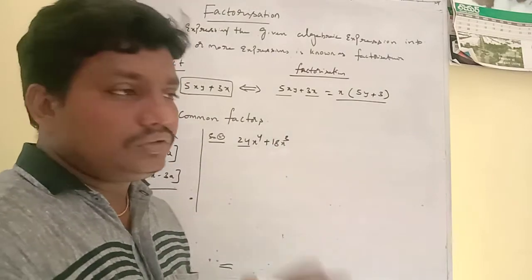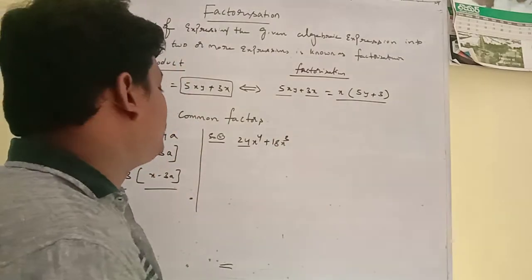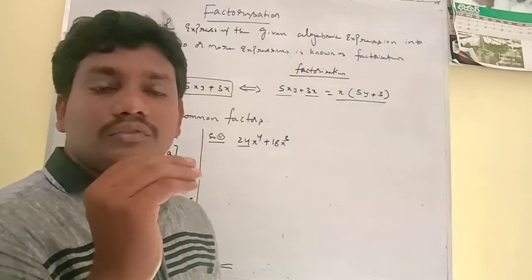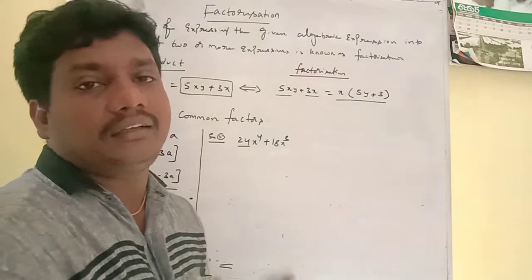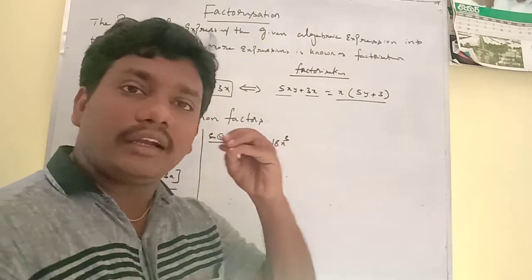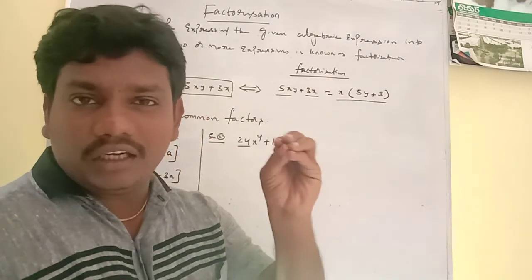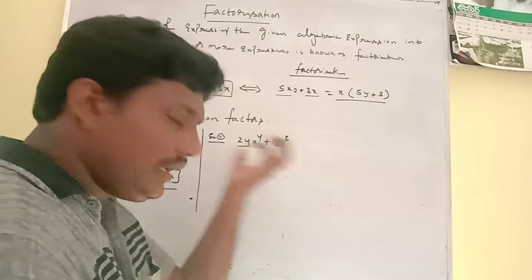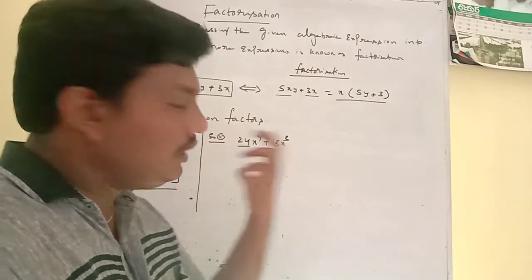To find the factorization, we first have to identify the common factors. Whenever we identify the common factors, we take them out as common.